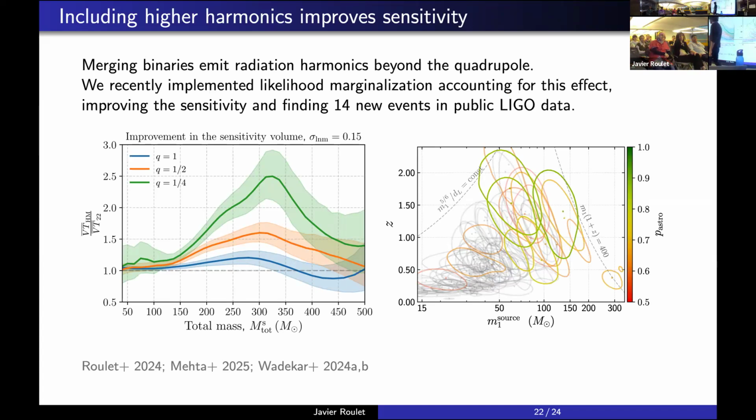So this is the sensitive volume that we have for a set that includes higher modes versus the 2-2 or quadrupole mode only. And we see that depending on the parameters of the signal, especially for unequal masses that have higher emission of these extra moments, because the quadrupole is relatively not that important, we can get volume improvements of over a factor of 2. And indeed, we have detected additional events in the public LIGO data, extending the reach of these detectors especially to higher masses and in distance as well.